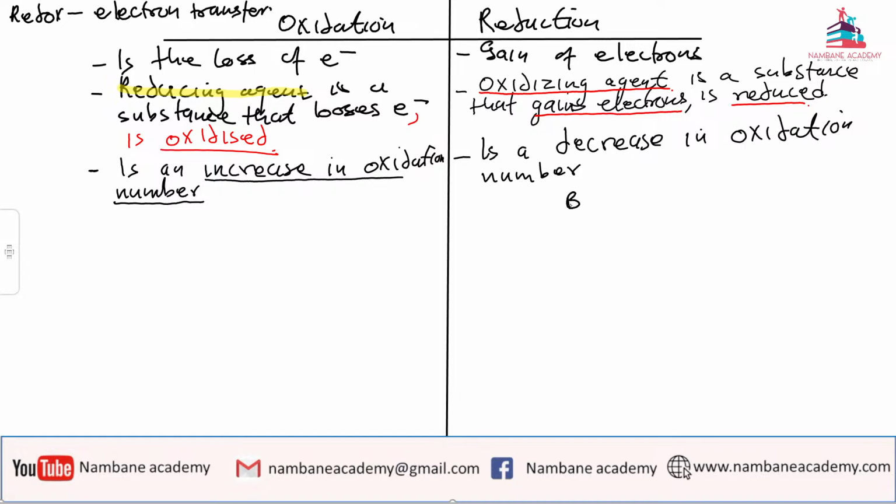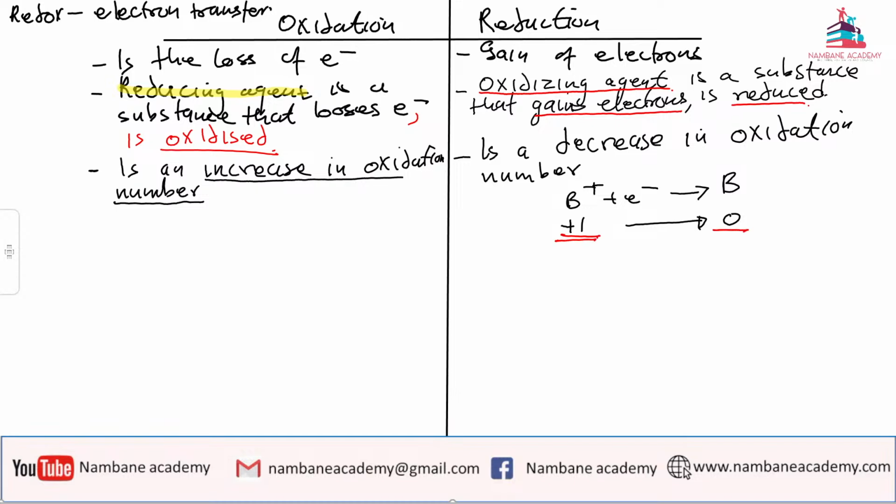This means I will have B plus 1 plus an electron giving me B. So the oxidation number here is plus 1, moving now to neutral, which is just 0. That is the reason why we say we are going to have a decrease in oxidation number. It is moving from plus 1 to 0.